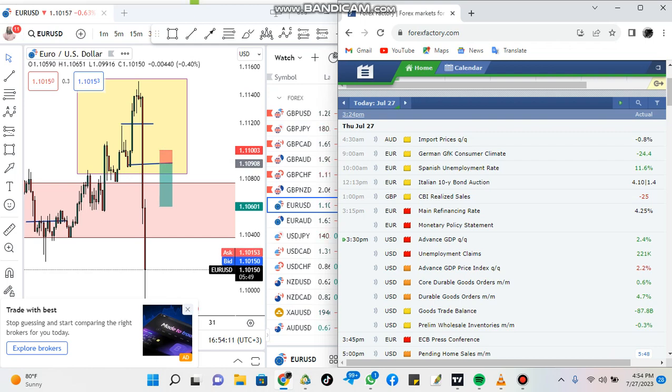So if you're in Euro USD, and the fundamentals were about USD, know USD is the second currency on this pair. Even if the news is affecting it positively, since it is the second currency on this pair, it's going to look like it's affecting it negatively. So you plan for sell.